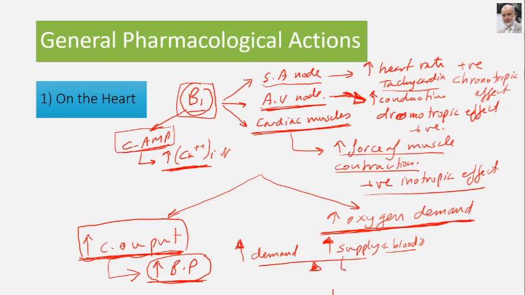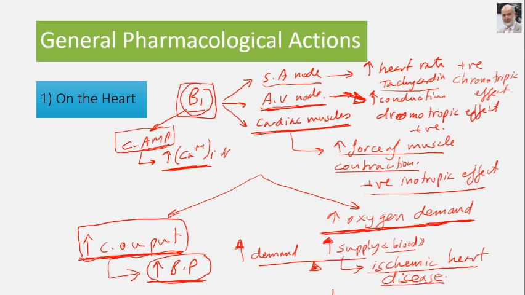Suppose there is a decrease in supply, like in cases of ischemic heart diseases, like angina and myocardial infarction. Usually supply is limited because of atherosclerosis and other causes.